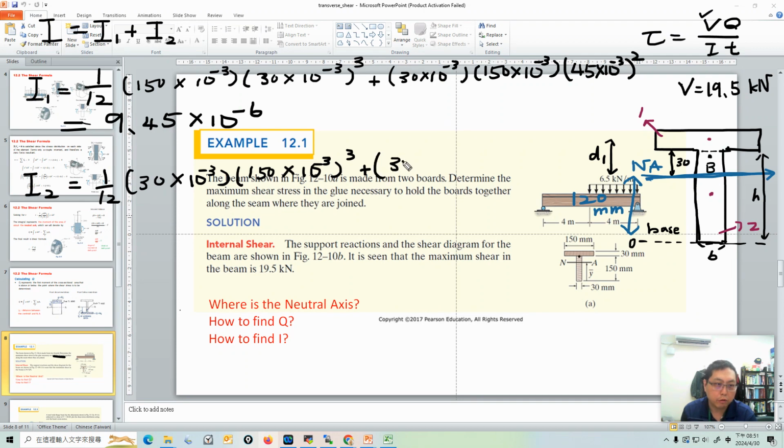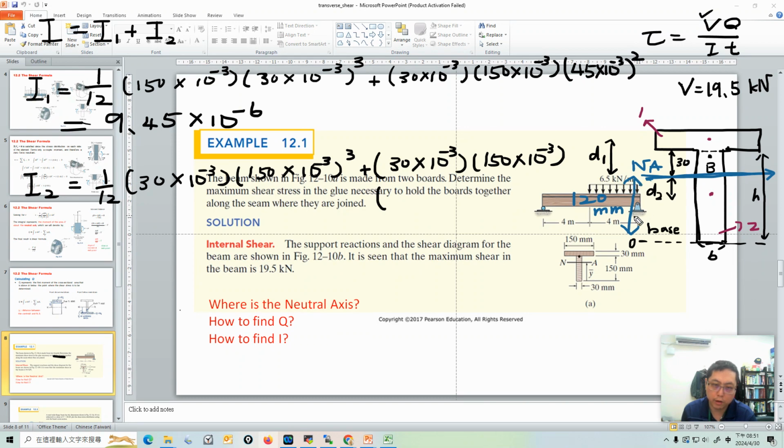A is the same, so it's 30 times 10 to the power minus 3, 150 times 10 to the power minus 3, and the d squared. D is the distance between the centroid of area 2 to the neutral axis. So here will be our d2. Okay, so what's the d2? Be careful.